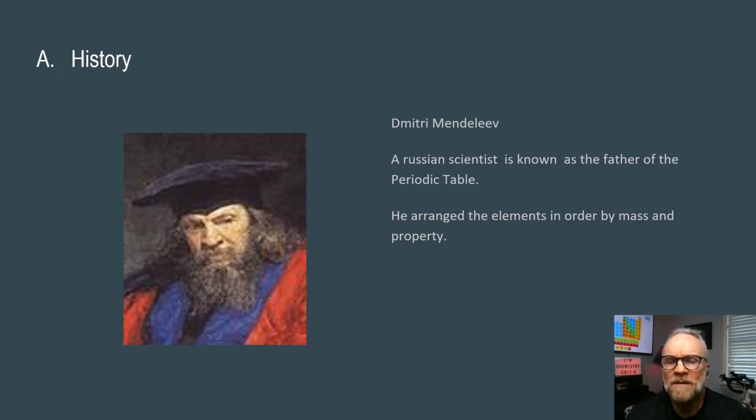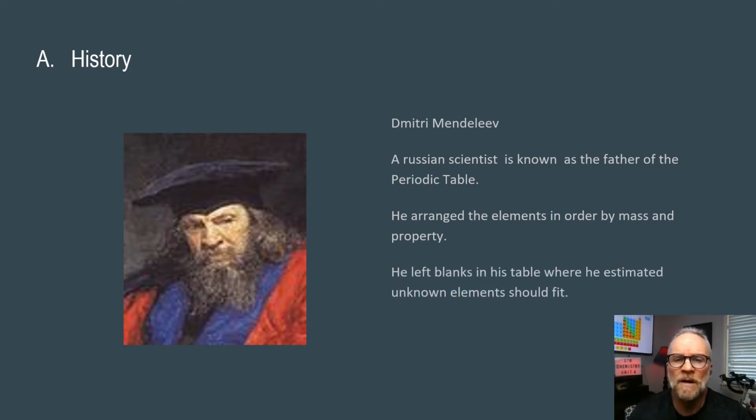And so what he thought was that there was an element there that was not known at the time. And so he left blanks for these unknown elements. And that, to a large extent, separated him from all the other scientists working at the time. And I think that's why he was given a lot of the credit for the early periodic table and being the father of the table.